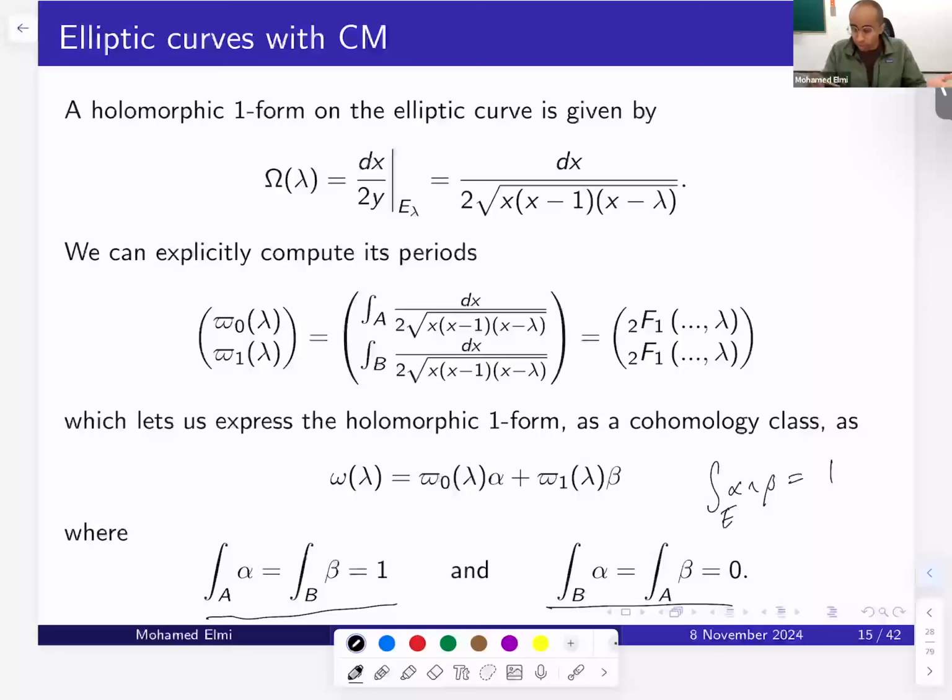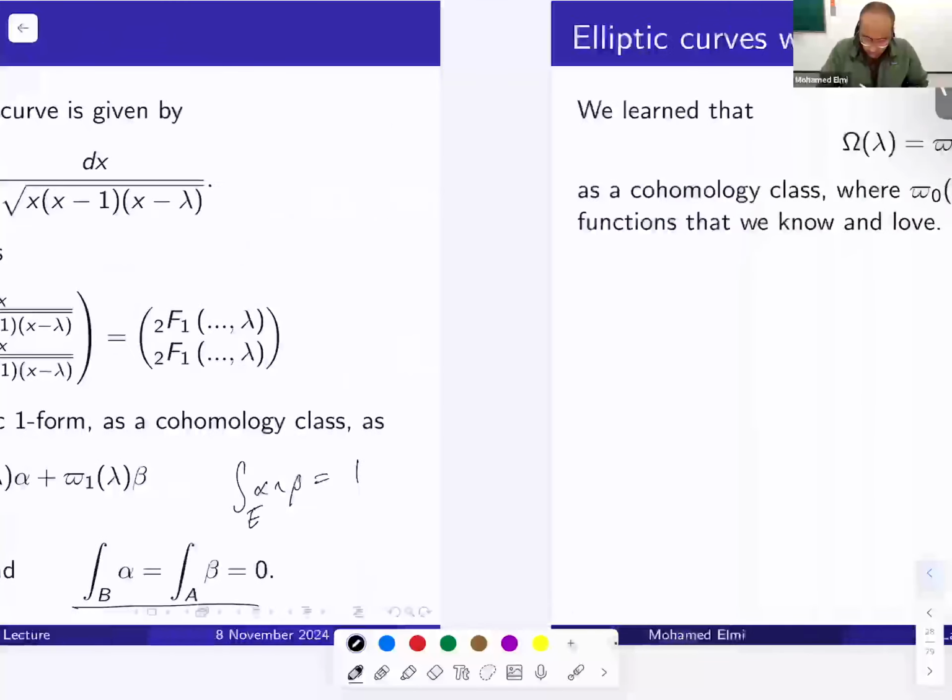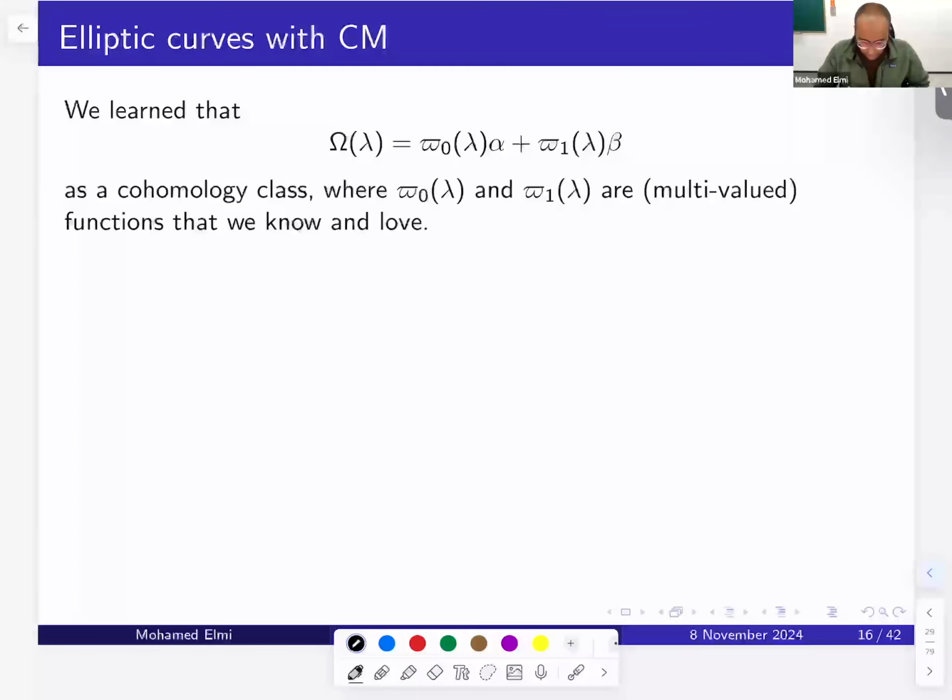You take some particular combinations of them to get a holomorphic one-form, and the precise combination you take depends on your parameter lambda. And so we can express our holomorphic one-form as a cohomology class in some nice basis, alpha and beta, and the coefficients are these functions, these periods. And it's important that they're complex.